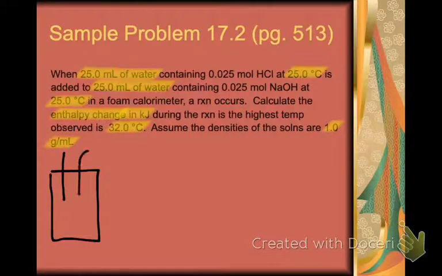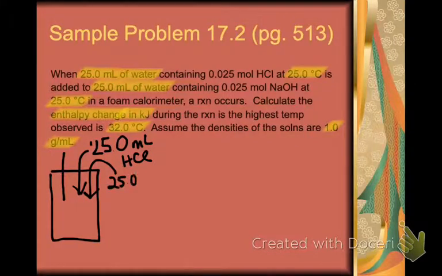We've added 25 mL of water that has HCl, so I'm going to put 25 mL of HCl. And we've also added 25 mL of NaOH. That reaction is going to occur in the water, and we're going to notice that the temperature rises.